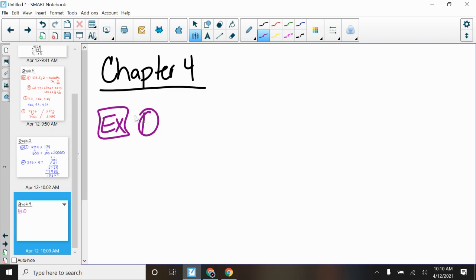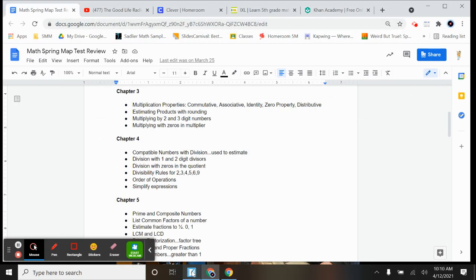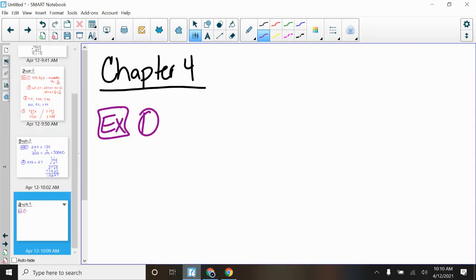Okay, so an example of compatible numbers would be like, what do you think? 2,530 divided by 5. Okay.